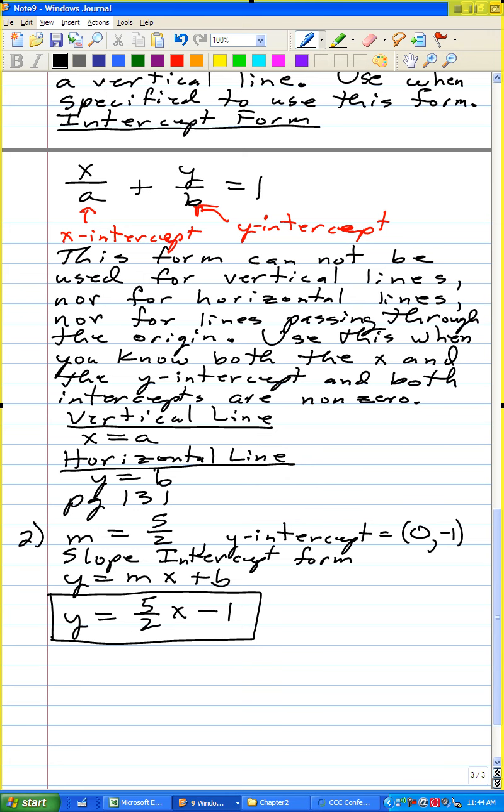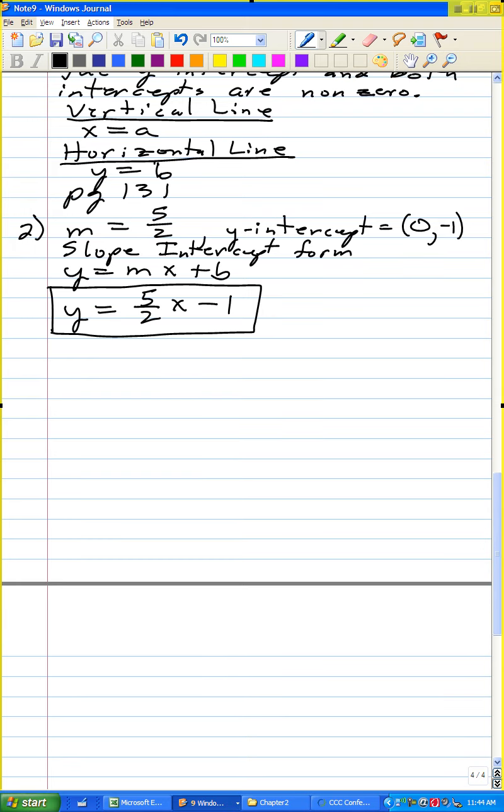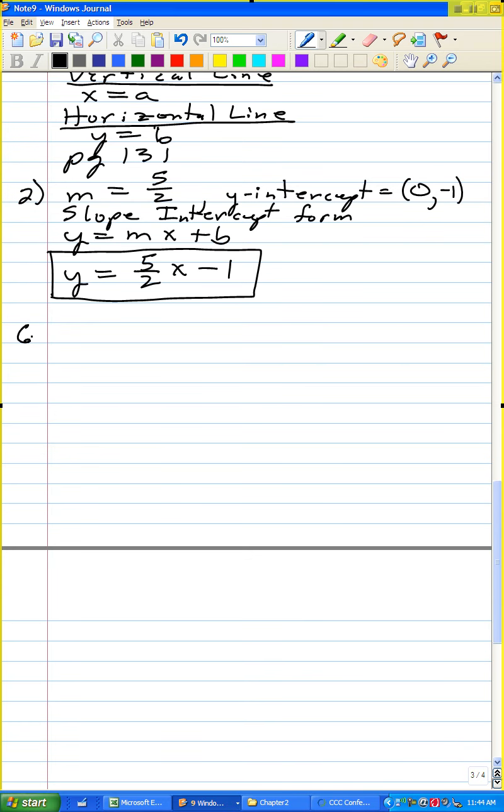Let me do problem number 6. The slope is -1/3, and the y-coordinate of the y-intercept is -3 halves. So I have a slope and intercept. Let's use the slope-intercept form.